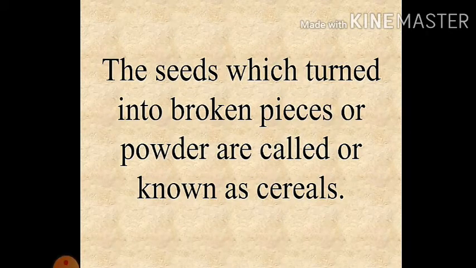After pulses, let's learn what cereals are. The seeds which turn into broken pieces or powder are known as cereals. When you take a seed and break it, it breaks into pieces or powder. When we talk about pulses, they break into two equal halves, but cereals break into pieces or powder.